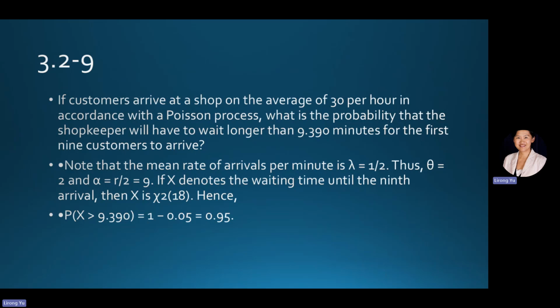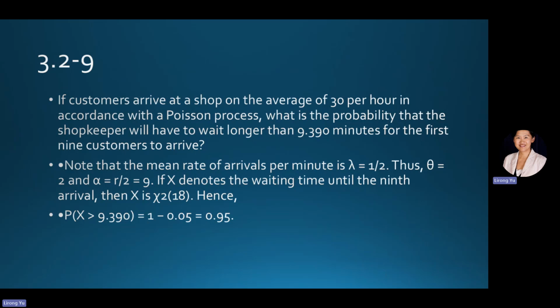So in this case, we're using chi-square now. All right, the average number of customers is 30 per hour. So what's the average waiting time? 60 minutes per hour, 30 customers per hour. That means the average waiting time for 1 customer is 2 minutes.